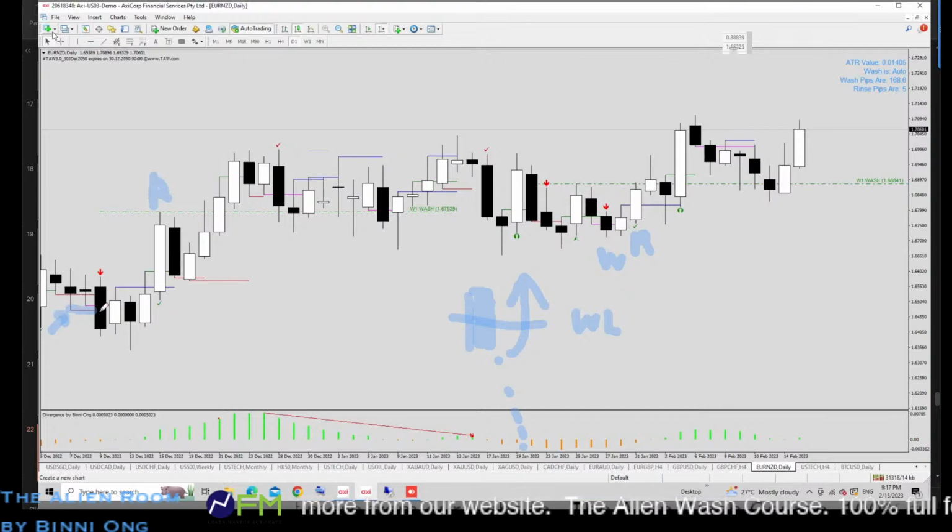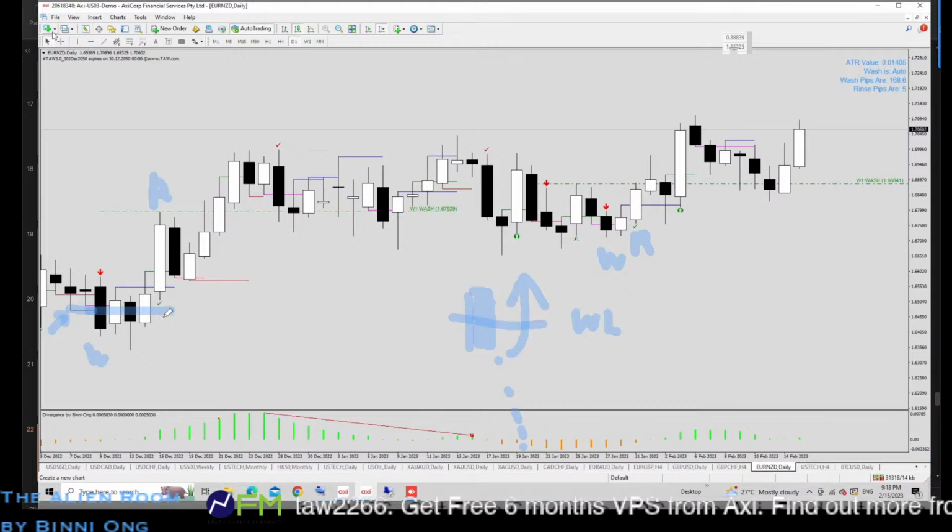It draws that and it tells you, for example, that this is your wash bar because price closed below the previous low. And instead of staying below that wash line, it actually flipped to the other side and resulted in the rinse bar happening.